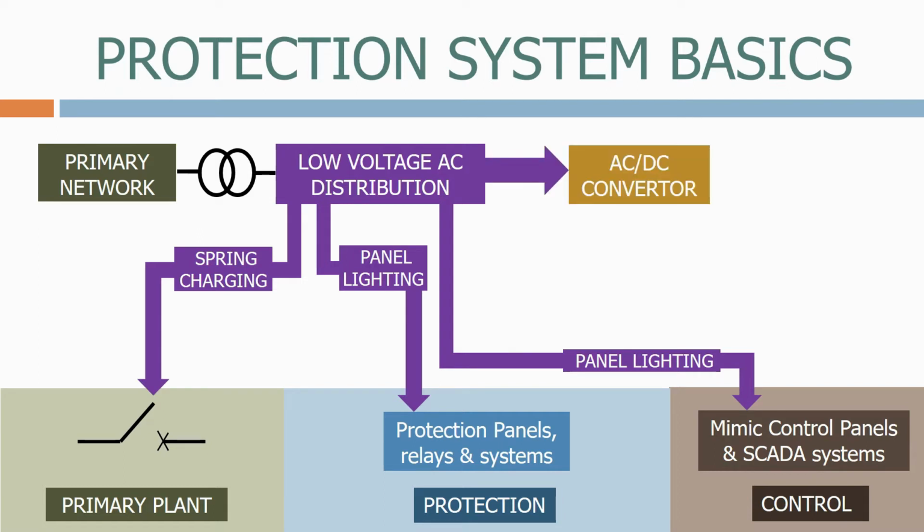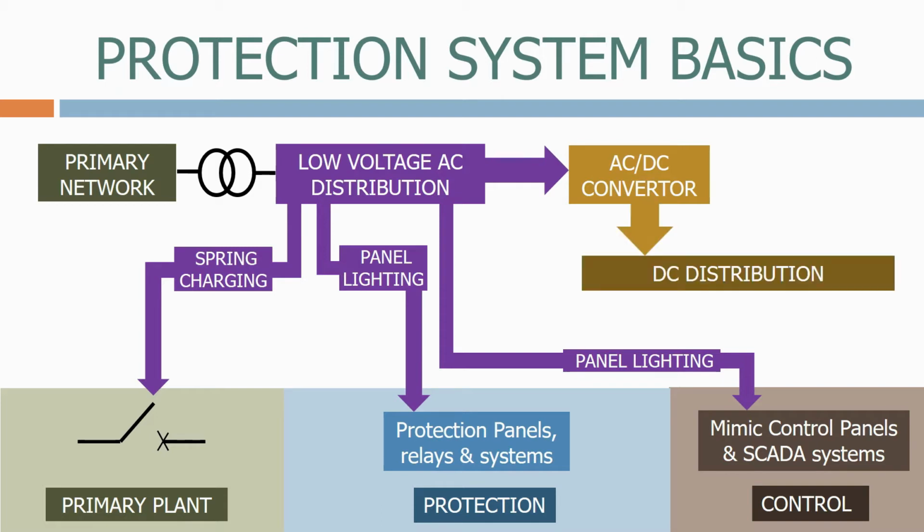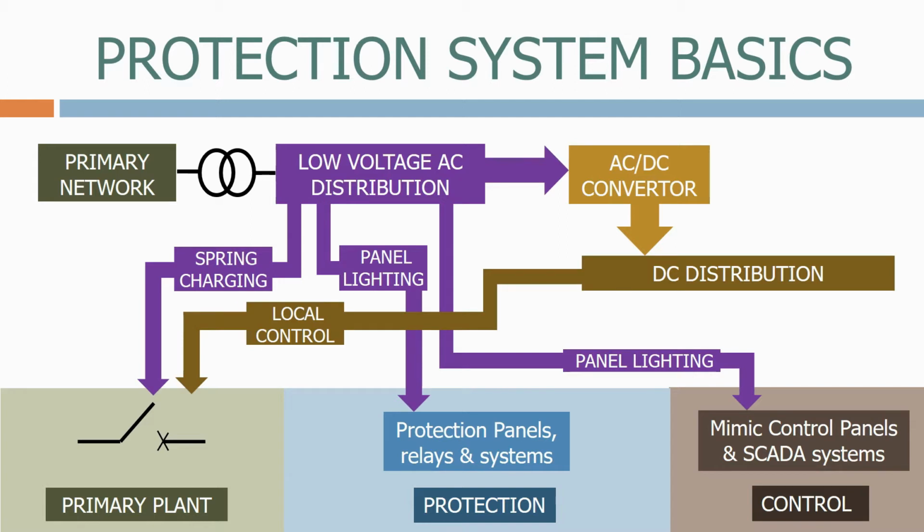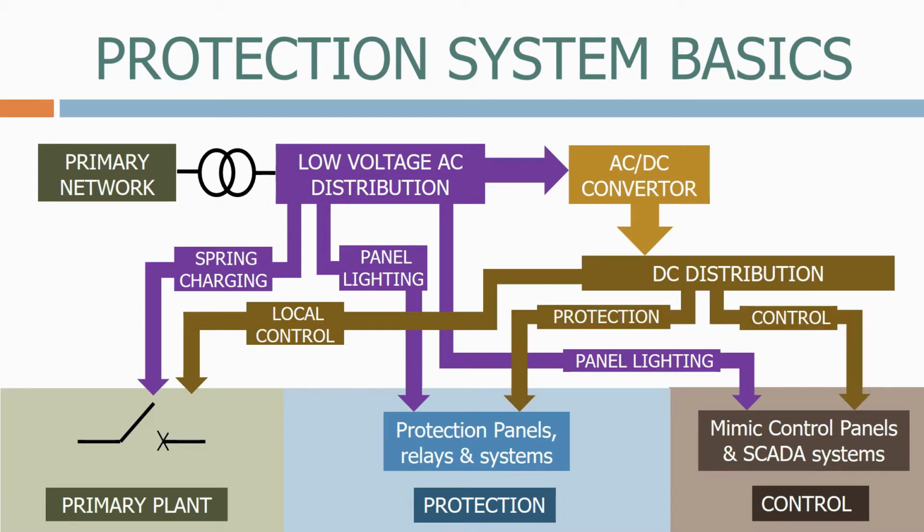The low voltage system also feeds an AC-DC converter, which feeds the DC distribution board. This feeds the local control signals and the protection and control supplies to the protection and control systems.